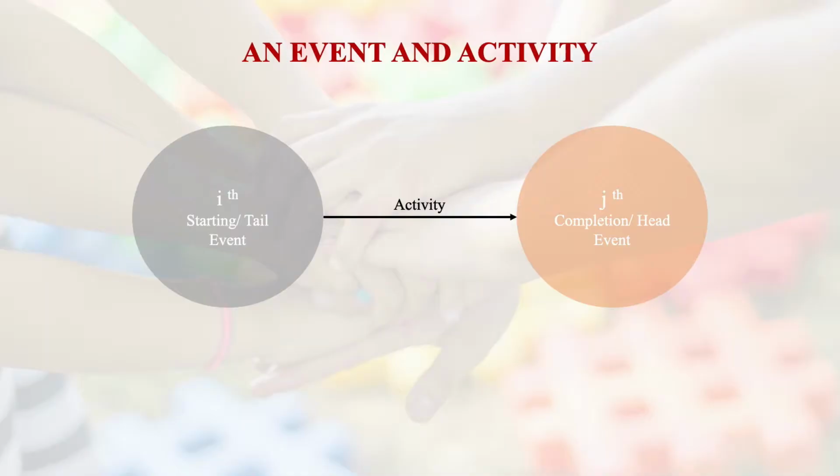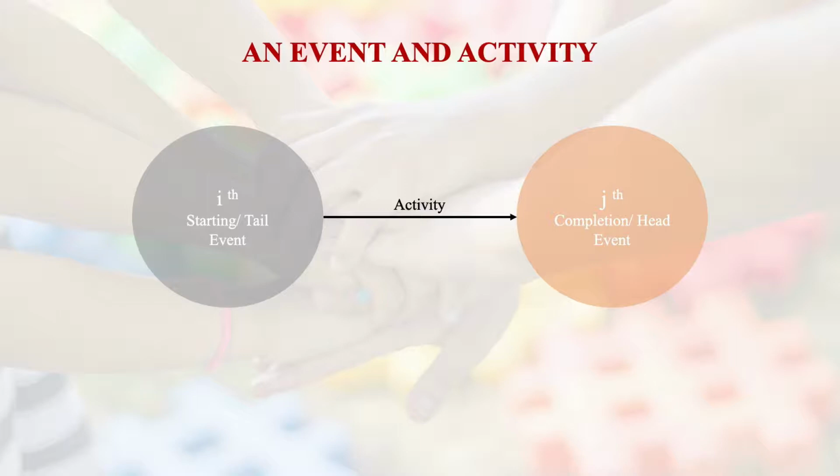Here is an event and activity. There are two events in this particular case, event I and event J, right? Event I happens to be the starting event, right? And since the arrow is starting, the activity is starting from event I, so it is the starting or so-called tail event, and there is an event J which is the completion of the activity, or it is also called the head event.